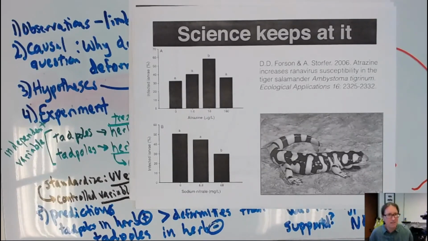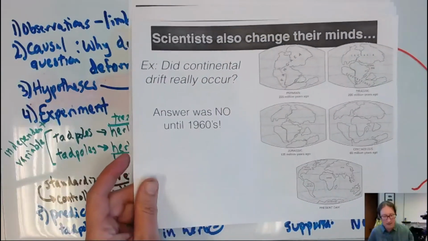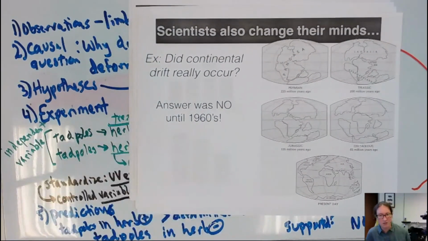And it can be very confusing to some people when they learn that scientists are this flexible in their thinking, that scientists can change their minds, because it can be uncomfortable to have to deal with so much uncertainty and ambiguity. But scientists change their minds all the time. So to give you another example, there were actually questions for quite a long time about the concept of continental drift, something that we kind of take for granted now. So up until the 1960s, the scientific consensus was that continental drift didn't happen.